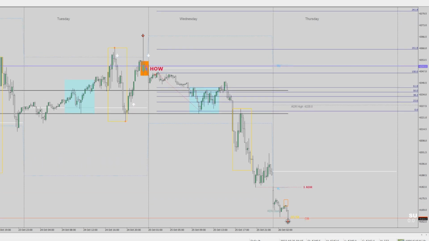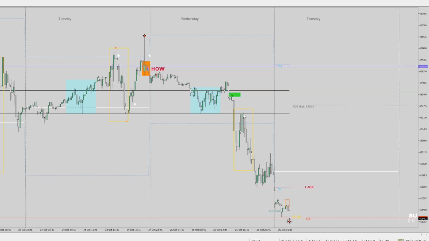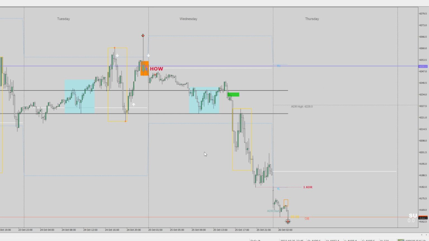And then I just look at the 50% area because the retracements are typically around the 50%. And that would be it right there. And that would be the entry, right as the market is opening, right?